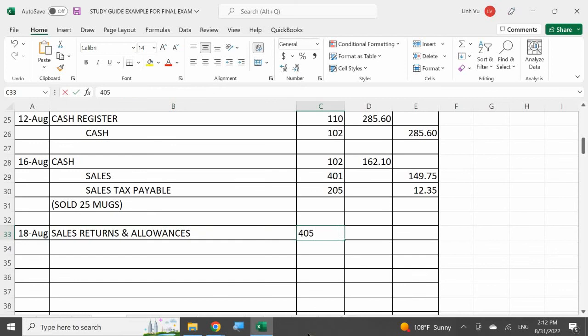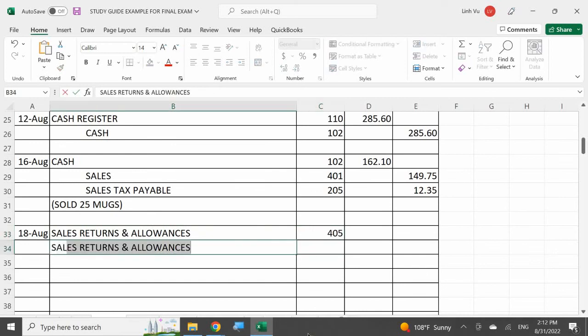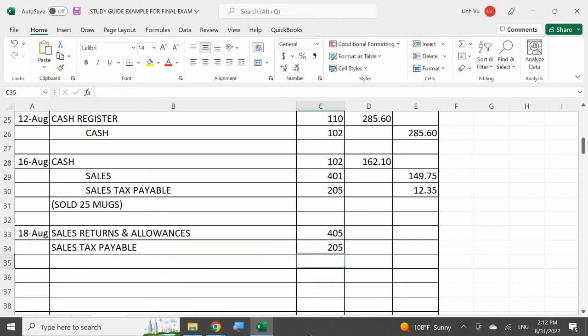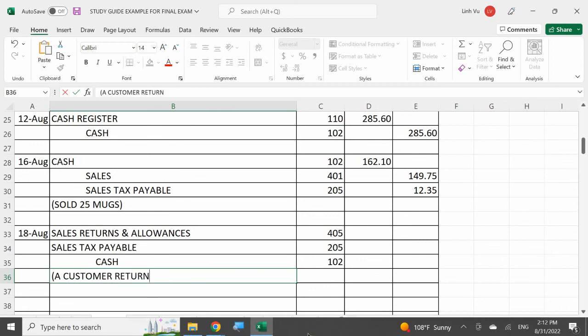Okay. We have to give back the sales tax money. And we're paying this person with cash. So again, a customer returns 3 mugs, full refund.